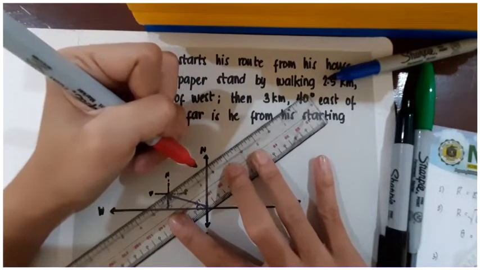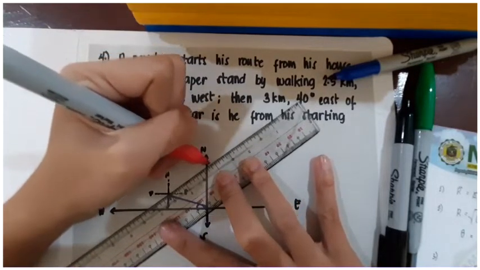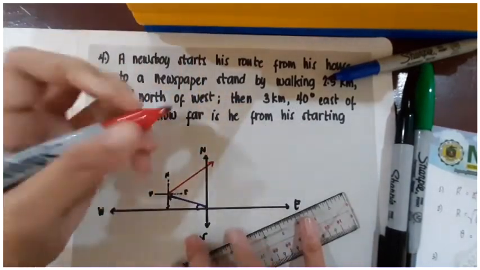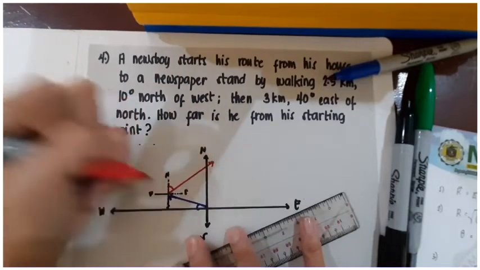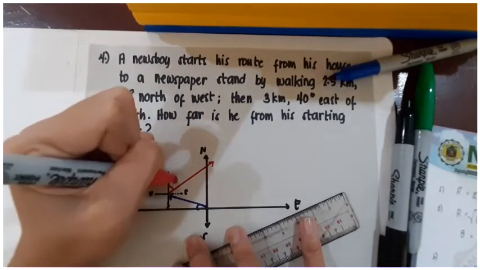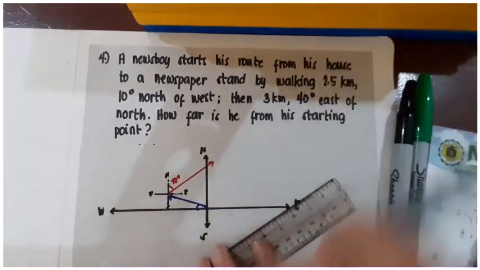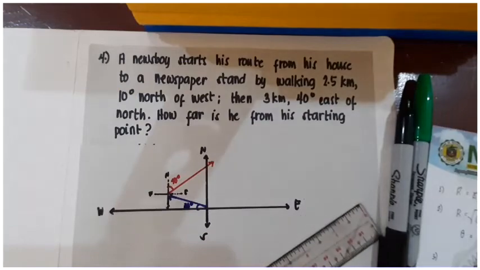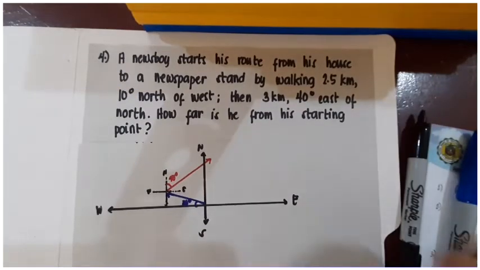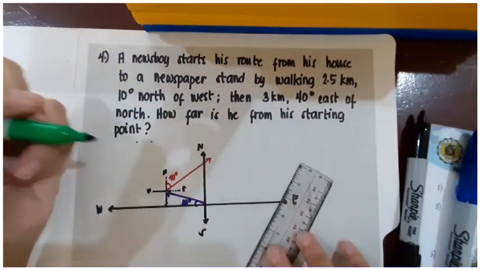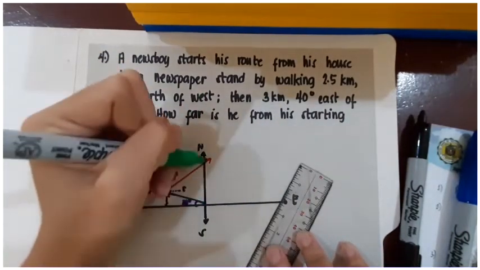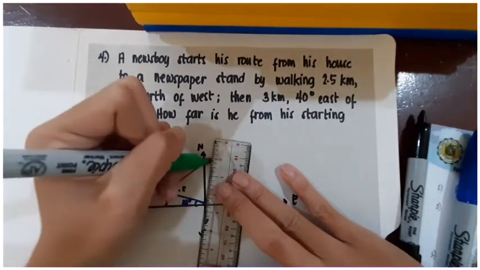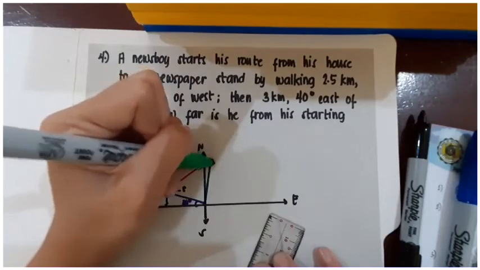Okay, so let's say this is 3 kilometers. Ito naman si 40 degrees. So now your resultant vector is from tail to head. So si tail kung saan tayo nag-start, and then this is now your head kung saan siya nag-end. So this is now your R.